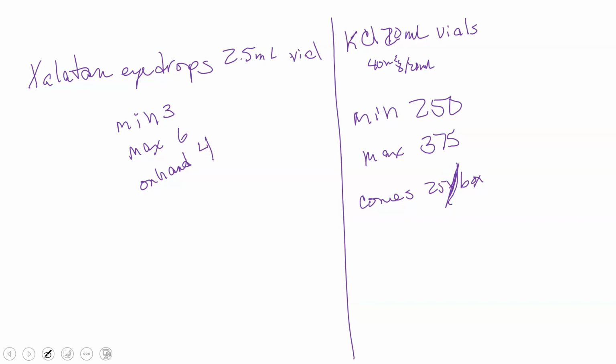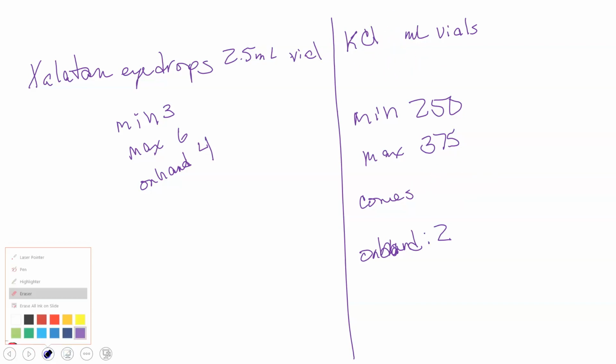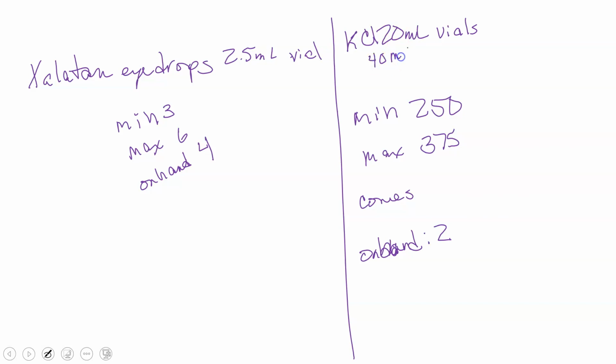Let's see. On hand, we have 200 and I'll rewrite it. We're looking for KCl 20 milliliter vials that have a strength of 40 MEQ, so that we order the right size.